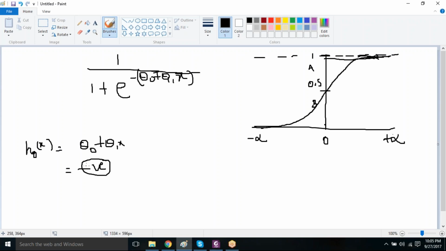Let's see what happens. It means on the x-axis it is lying somewhere here, a big negative number. So when this is negative, you just see how the equation changes.